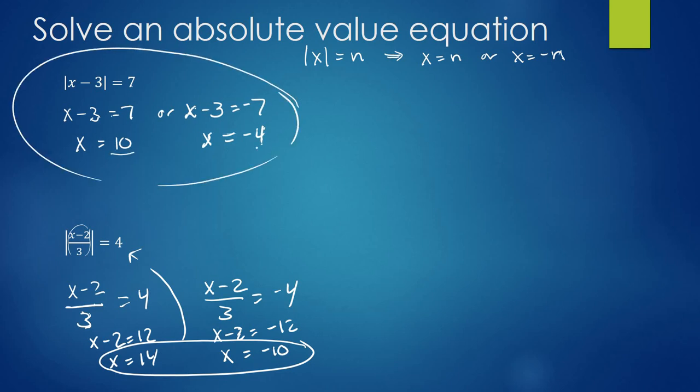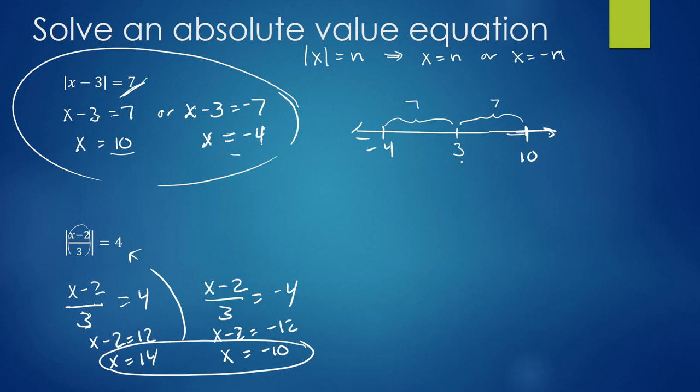I have two numbers, 10 and -4. Let's put them on the number line. So I have -4 and I have 10. Now, these two numbers, remember, are 7 units away. So let's go 7 units here. So from -4, 7 units to the right is 3.